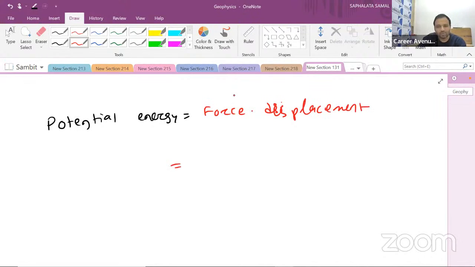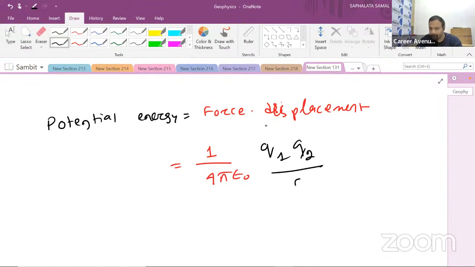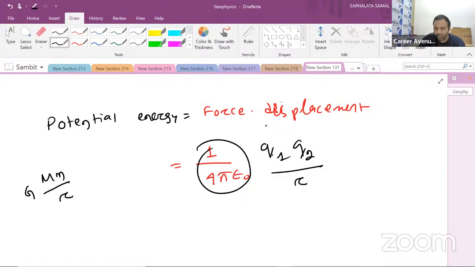It will be equal to how much? 1 by 4 pi epsilon naught Q1 Q2 by R. Just compare with the gravitational potential energy. It was what? G m m by R. Similarly, this is K Q1 Q2 by R. Same logic over here.